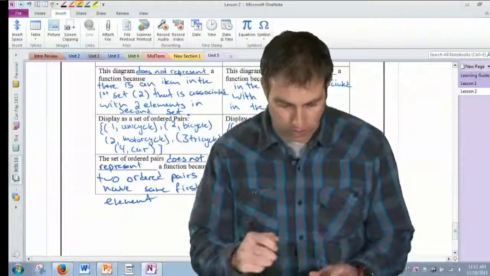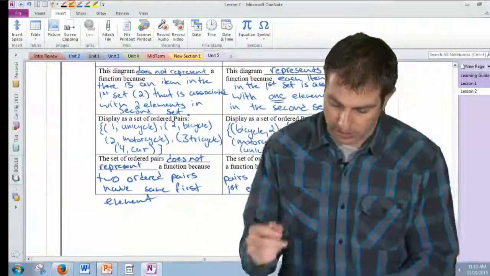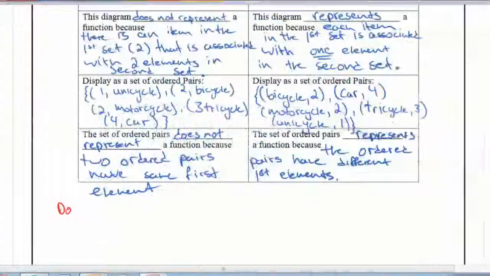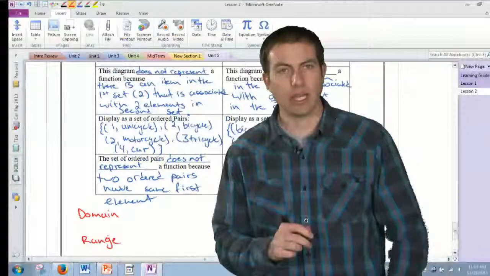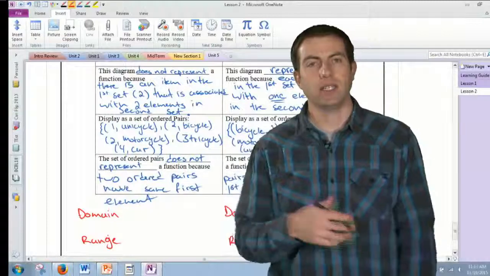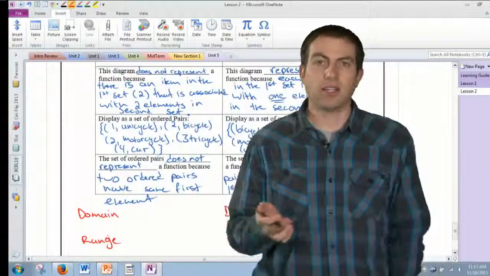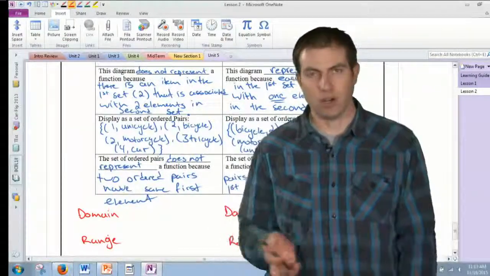The last sort of thing that I've been brushing off until now, because I didn't really talk about it, was the domain and the range. The domain and range are a really straightforward idea in theory, but it gets harder.